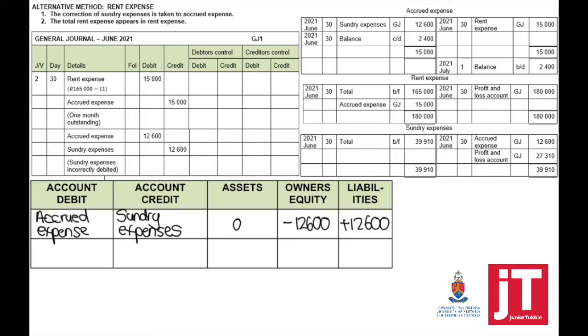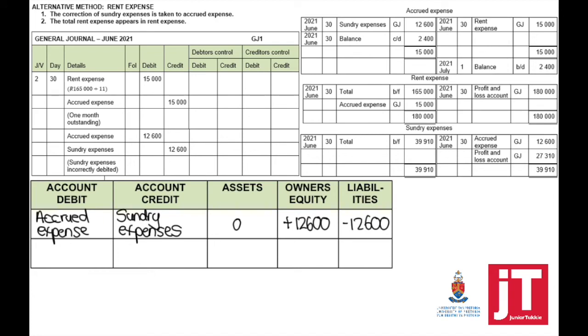Effect on the accounting equation, because my expense decreases, it will have a positive effect on the owner's equity. Because my accrued expense is debited, my liabilities will decrease.